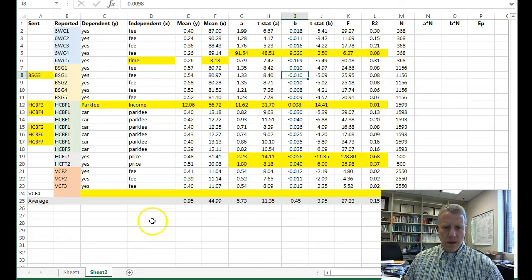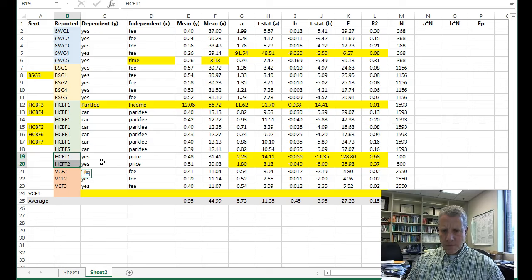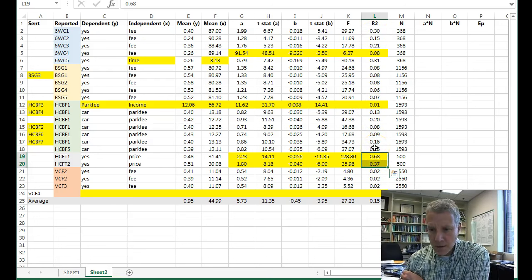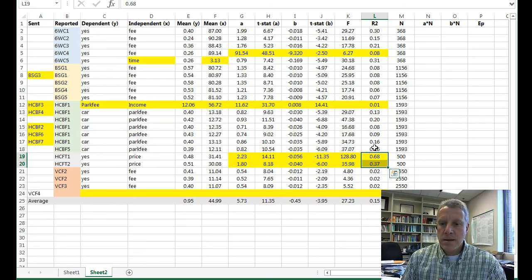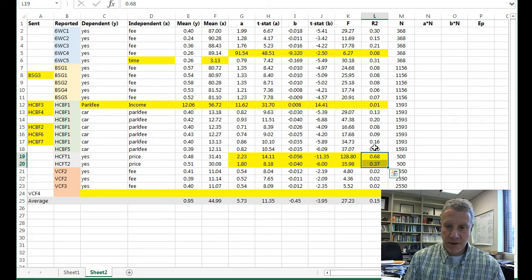And High Country Farm Tour, I think these are correct, but R squared is much higher than for all the other data sets. I forget what that looked like when I came up with that data set and estimated the models myself.